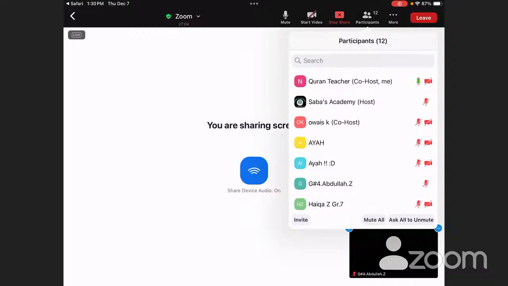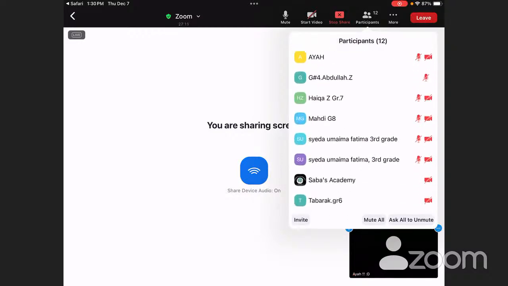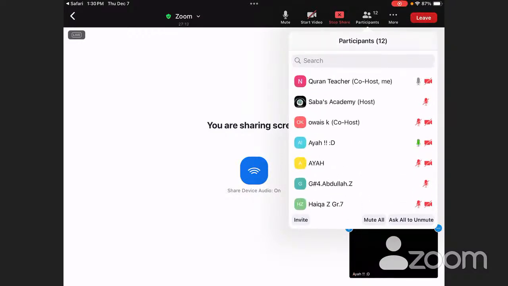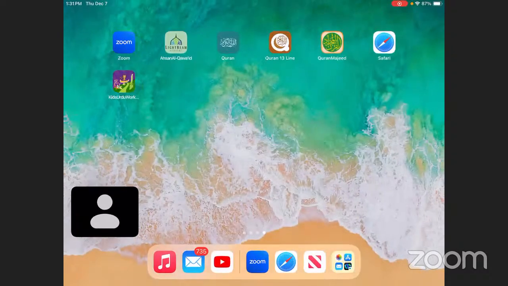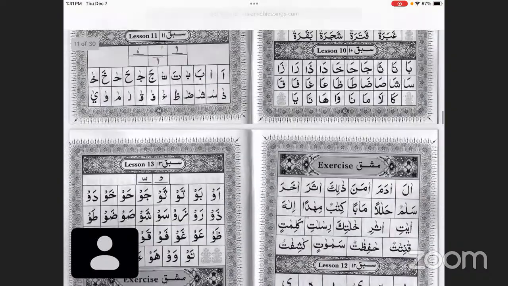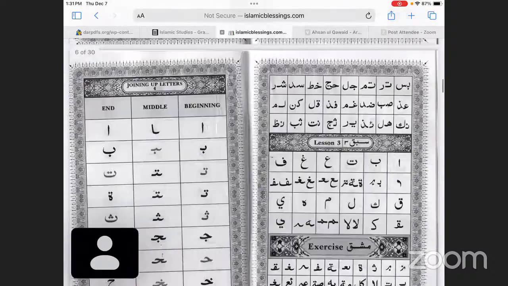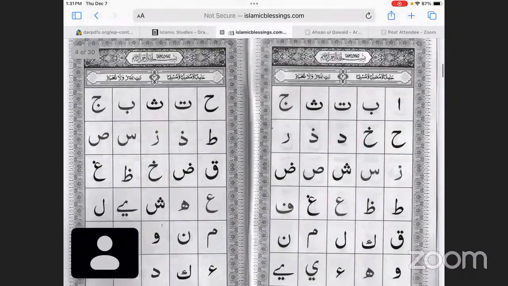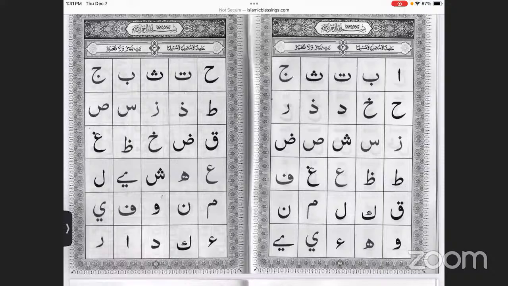Okay. Yes. And now it's your turn. Bismillahirrahmanirrahim. Start reading, page number 3.